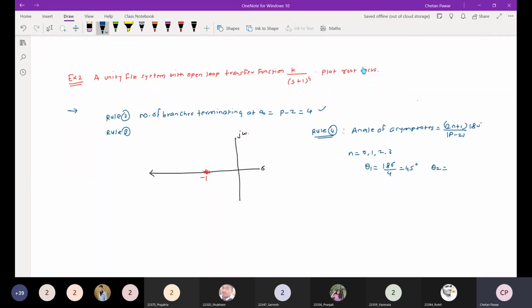Theta 2 will be 135. Theta 3 will be 225 and theta 4 will be 315. So here n is equal to 0, here n is equal to 1, here n is equal to 2 and here n is equal to 3.